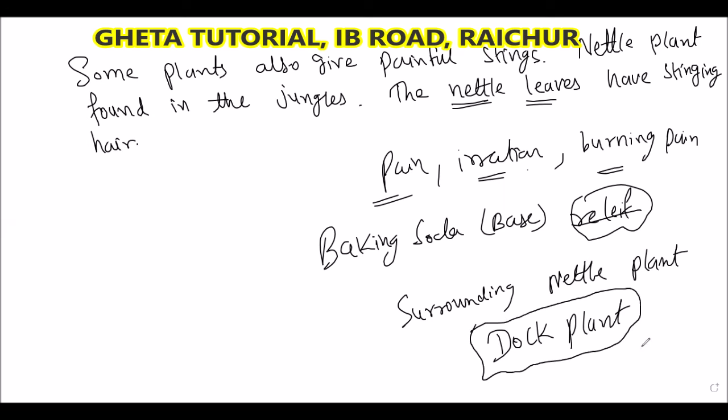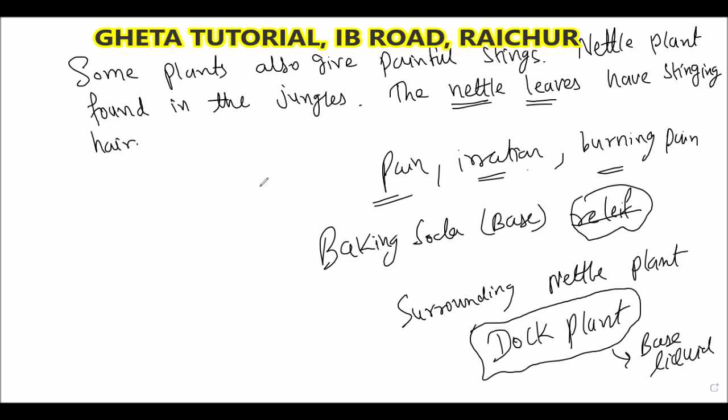The leaves of the dock plant contain a base liquid. When you apply dock plant leaves on the stung area of the nettle plant, you will get relief. So the dock plant is always available around the nettle plant.